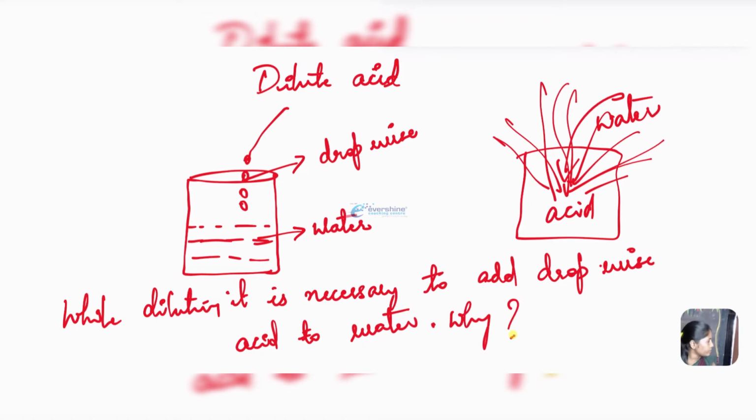Why? Because if we add water directly to acid, it will react vigorously and splash out. In order to avoid this, we should add acid dropwise to water, not water to acid. Okay, this is also an important question.